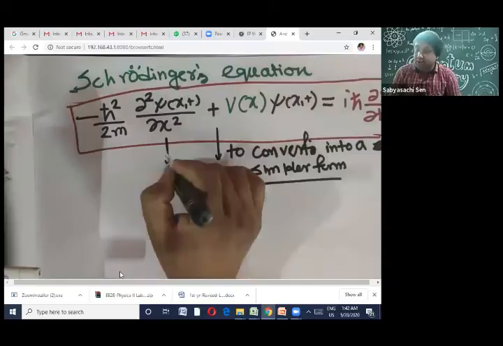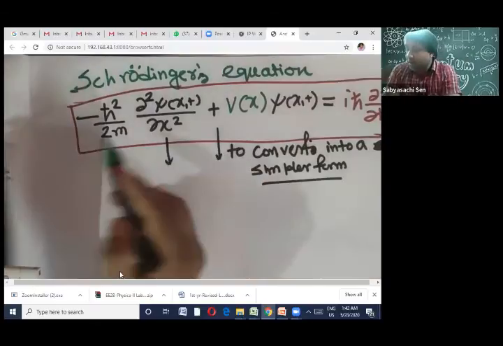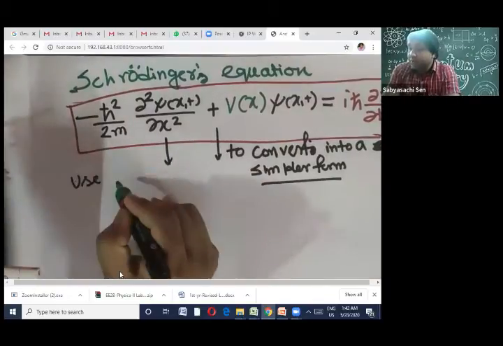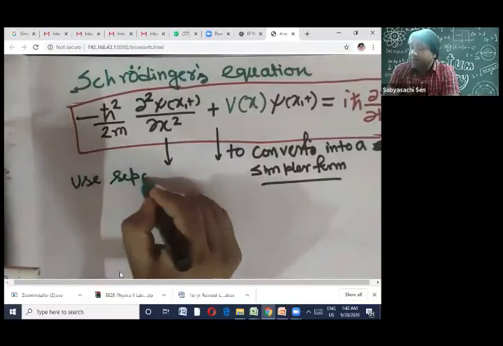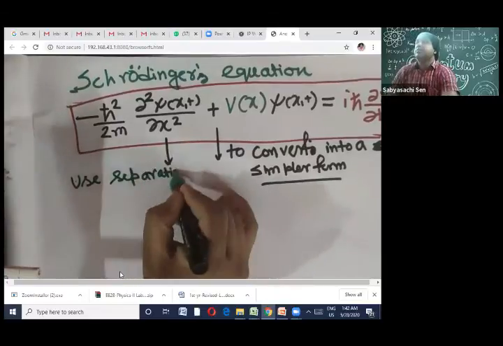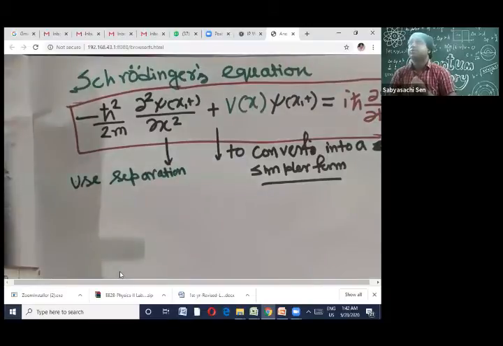Use separation of variables. This is a popular technique of mathematics for solving differential equations. So we will use separation of variables.